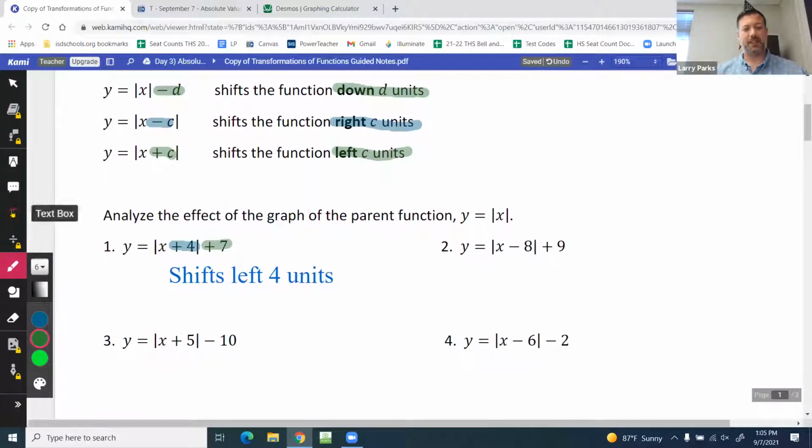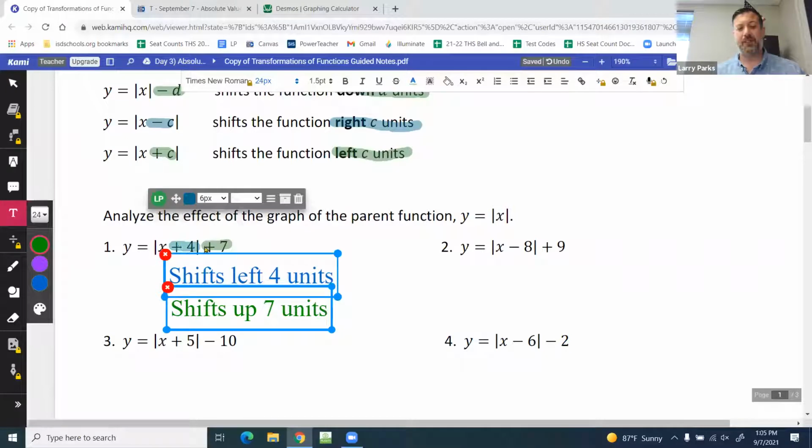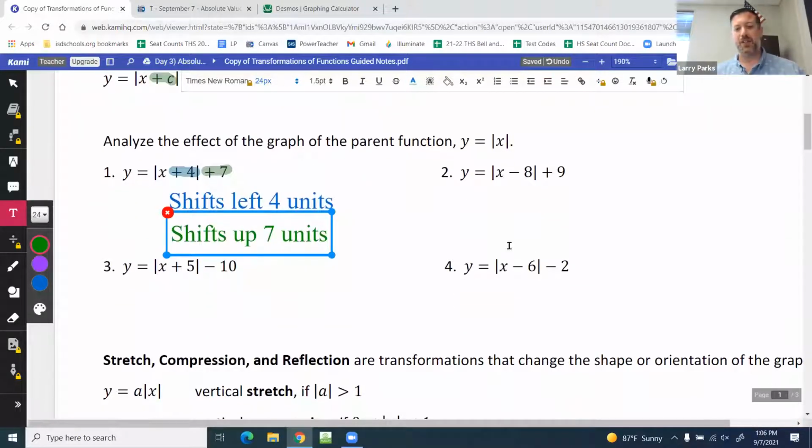So I would say it's going to go up 7 units. You could also use the word, instead of shift, you could use the word translate. Translate also means shifting. Okay, but left 4, up 7. I believe you could do the other 3 yourself. I want to save our time for the more complicated things. So I'll let you finish those 3.